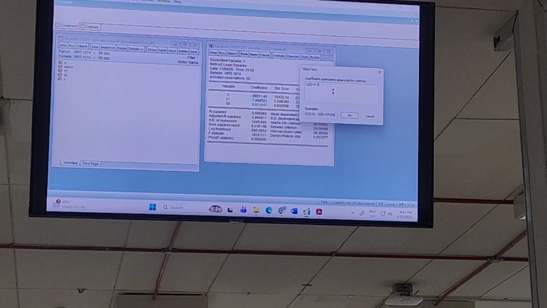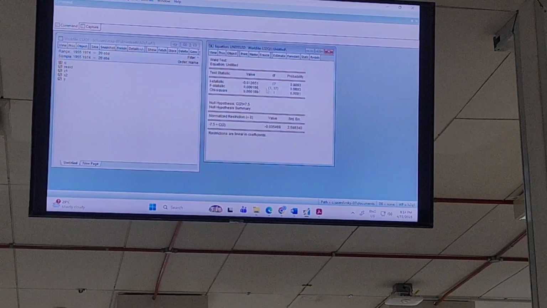Okay, so you just press OK, and you get the t statistic, that's the one that we got just now, or the F test. By the Wald test we only use the F now. So with the F test statistic, you get the p value. The p value is much greater than 0.05, so you do not reject. Remember, how do we make a conclusion based on the p value?